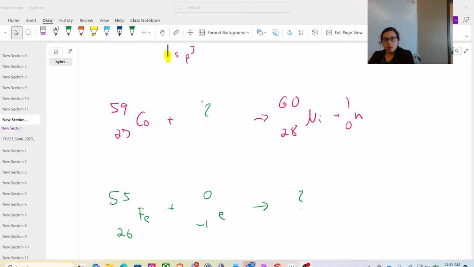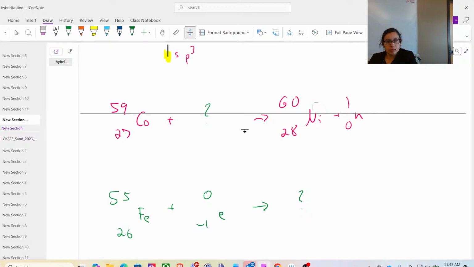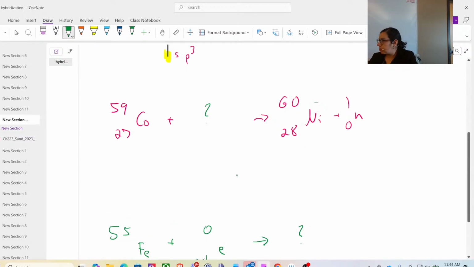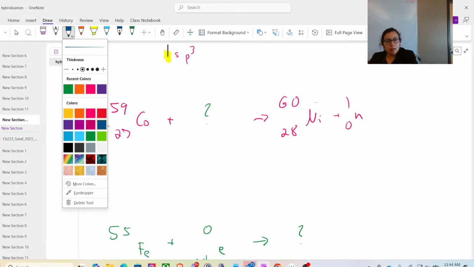So what did we get for this top one? You have to add it up on your product side. So what was the mass missing up top, on the mass number on the reactant side? Two, right? So you have 61 minus 59, so we have 2.